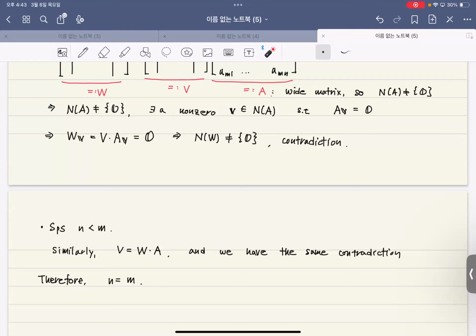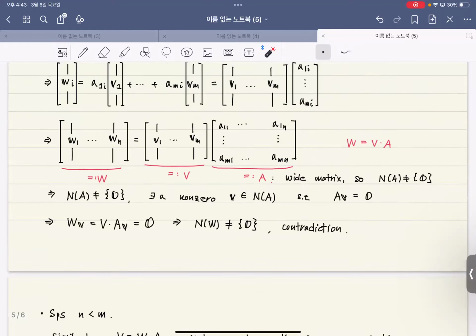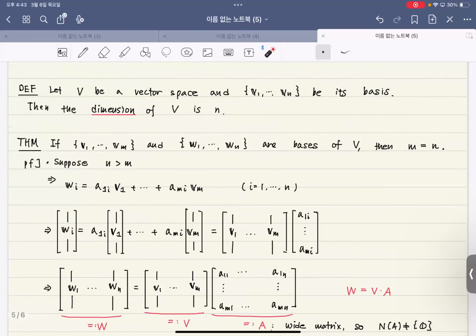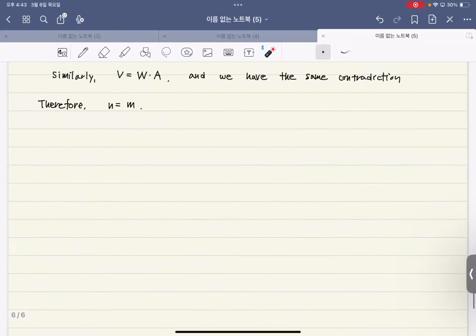And according to the theorem, I claim the dimension is the invariant of the vector space. Because even though you have chosen two different sets of basis vectors, this number is always the same, right? So this is an invariant.